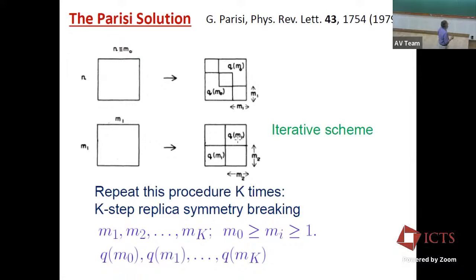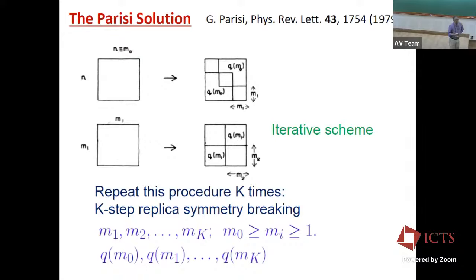Let's say it is a 100 by 100 matrix. In the replica symmetric ansatz, all the off-diagonal elements of this 100 by 100 matrix have the same value. But now we say that I'll do one-step replica symmetry breaking. What does it mean? That I will draw these blocks which are M1 by M1.